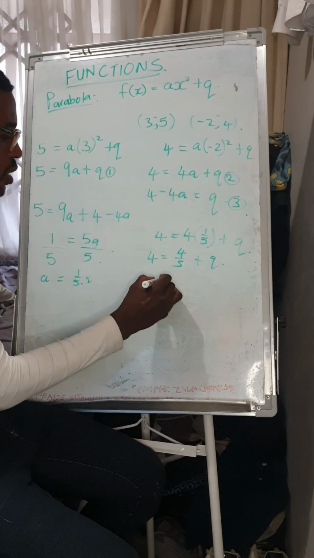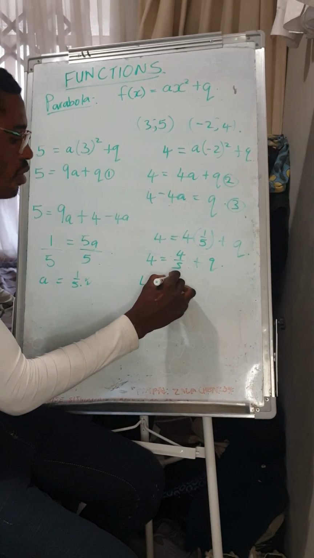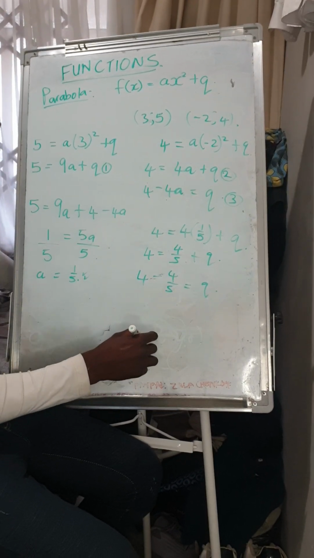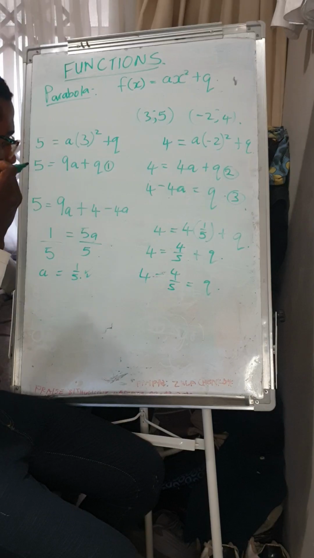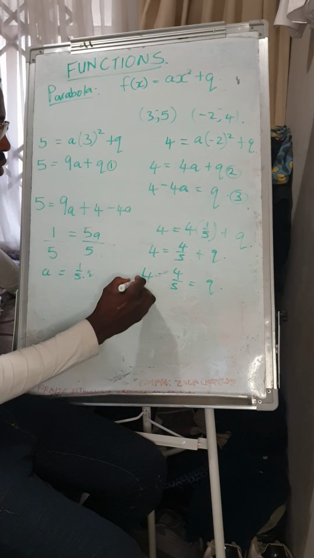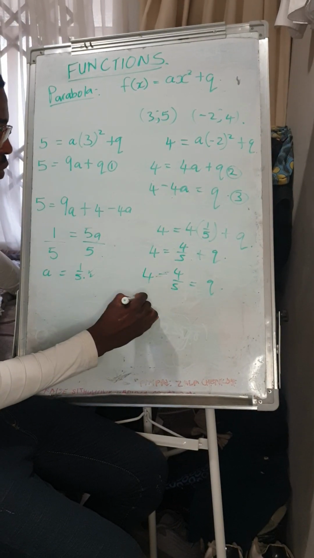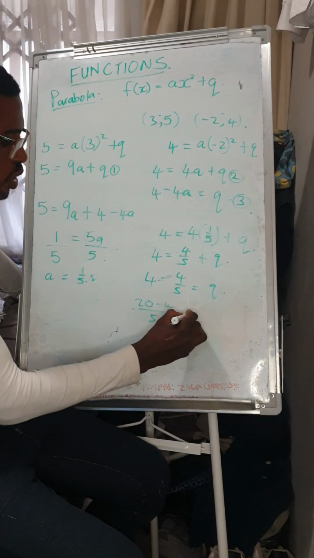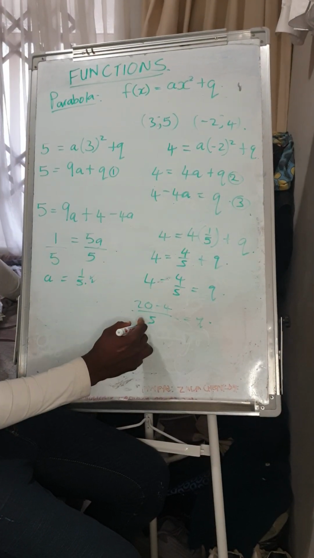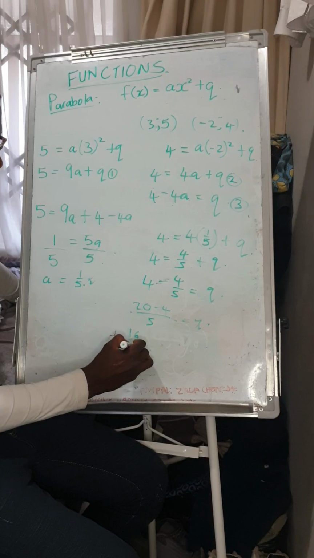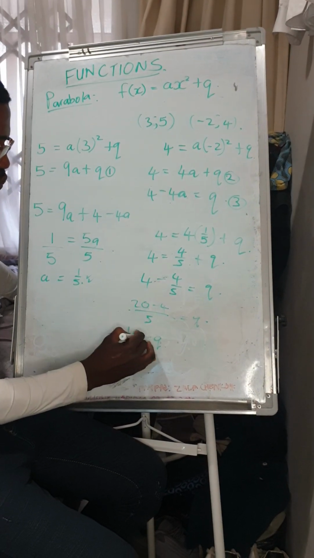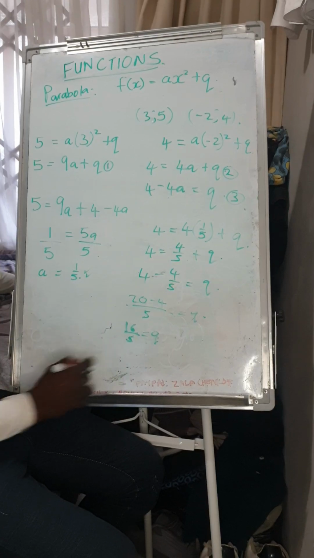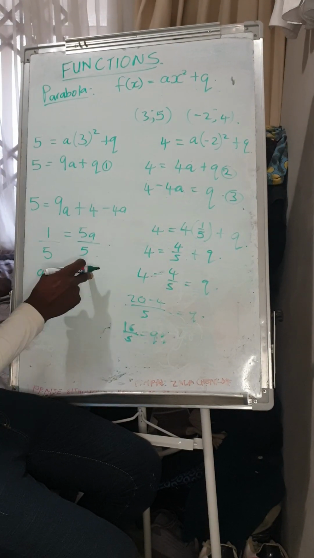Subtract, come this side: 4 minus 4 over 5 equals q. What can we do here? Multiply 4 by 5. So we have 20 minus 4, all over 5, equals q. So we have 16 over 5 equals q. Now we have the value of q and the value of a.